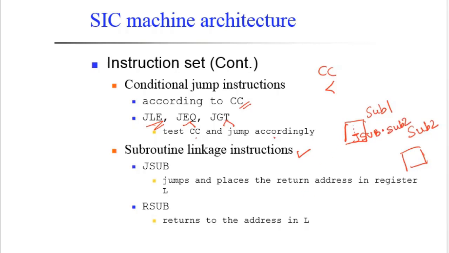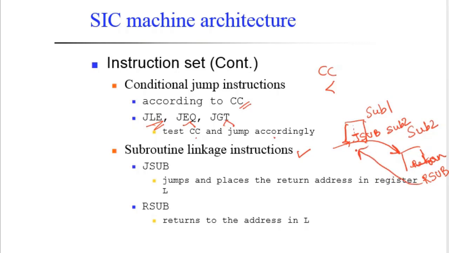What happens when you execute J SUB SUB2? This subroutine execution has to be temporarily suspended. Control has to be given to subroutine 2. And as the last statement in subroutine 2, we will have a return statement. In SIC, the return statement will be RSUB. Return back to subroutine.